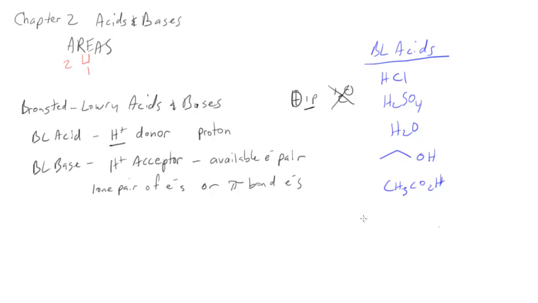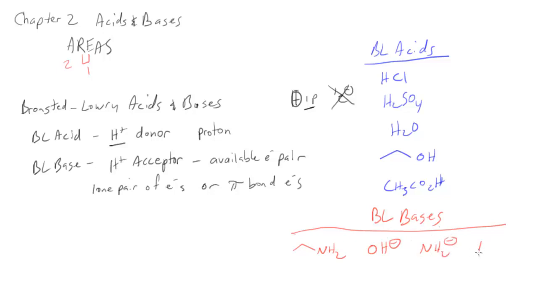What are Bronsted-Lowry bases? This is going to be a bigger category, because the category for Bronsted-Lowry acids are things that have an ionizable proton that will come off. A Bronsted-Lowry base can be anything that has a lone pair or a pi bond. So it can be anything from an amine to hydroxide, a common one that you remember from Gen Chem. Amide ion, NH2 minus.